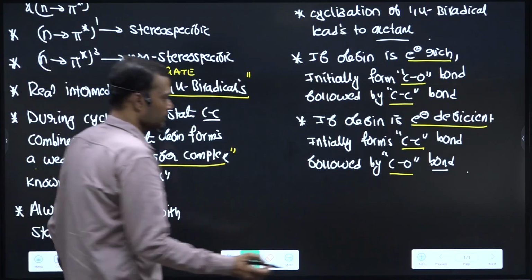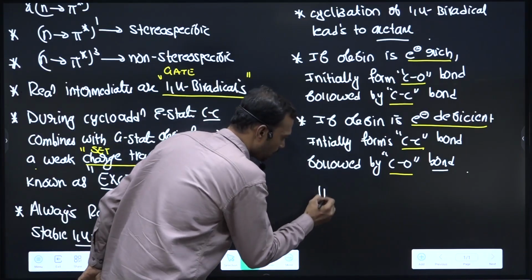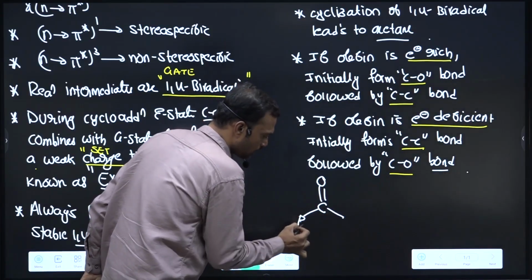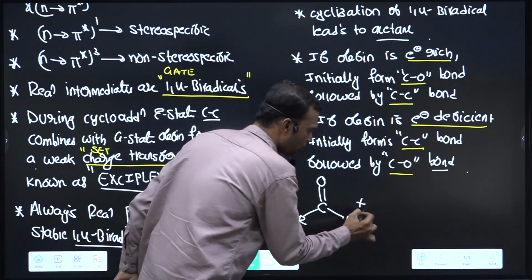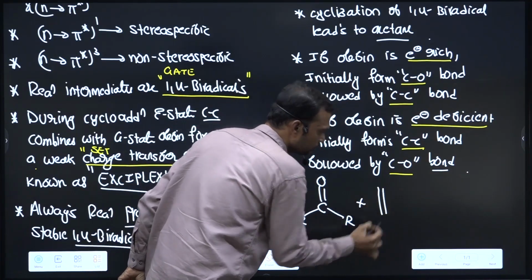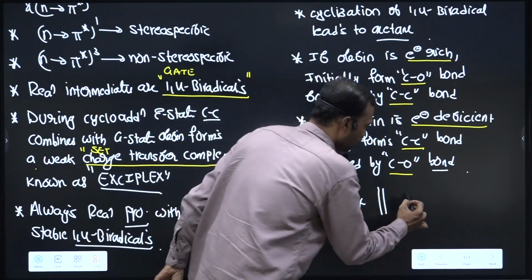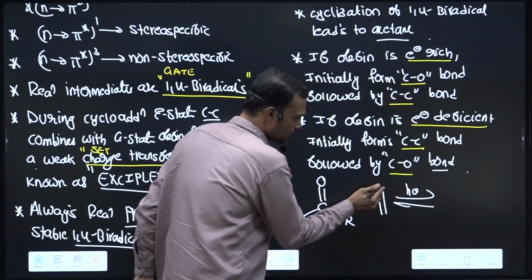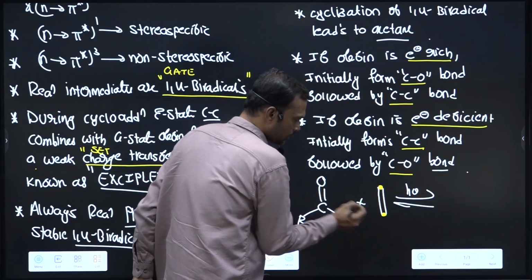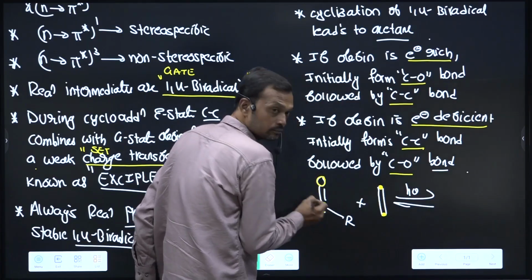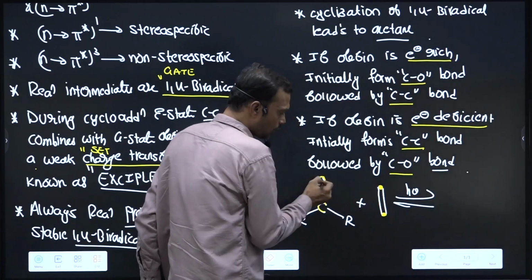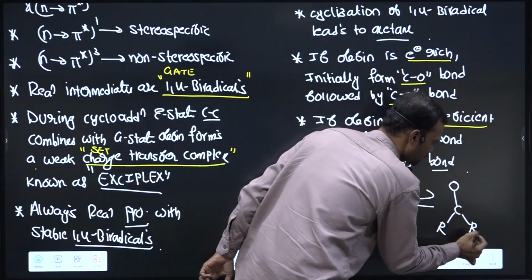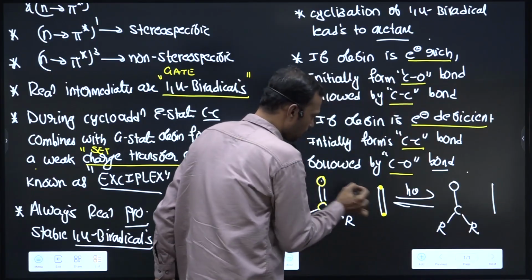See, just listen. If I take any carbonyl compound, here two bonds are present. We don't know what kind of bonds they are, R and this is R. Now I am taking an olefin. When the olefin combines photochemically, this carbon combines with oxygen.